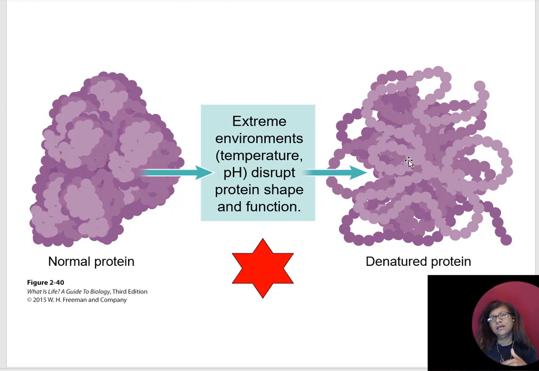And I can denature a protein through extreme environments. The most common is extreme temperature, which means high temperature, heat, right? I can use extremes of pH, so I can use strong acids, I can use strong bases. These will denature a protein, and so they're going to disrupt the protein shape and thereby disrupt a protein function.